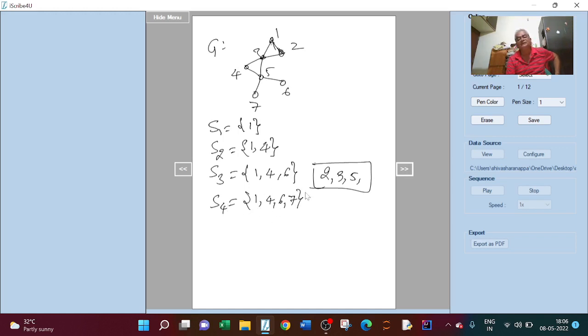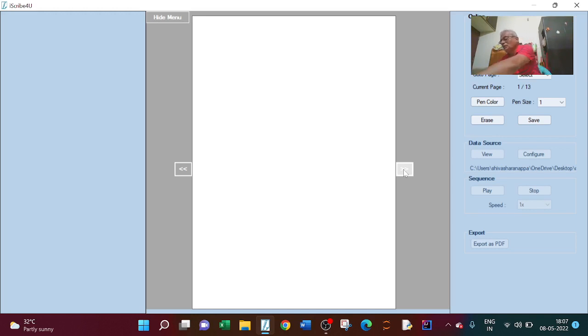Such independent sets are known as maximal independent sets. So in this case, S4 is a maximal independent set. S1, S2, S3 are just independent sets. So like this we define maximal independent set. We consider some more examples on independent sets.